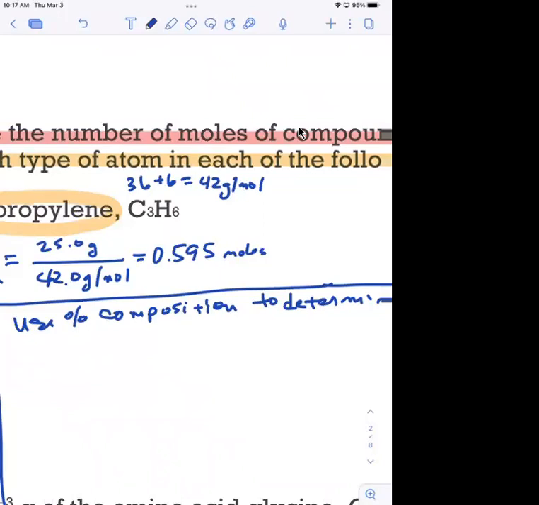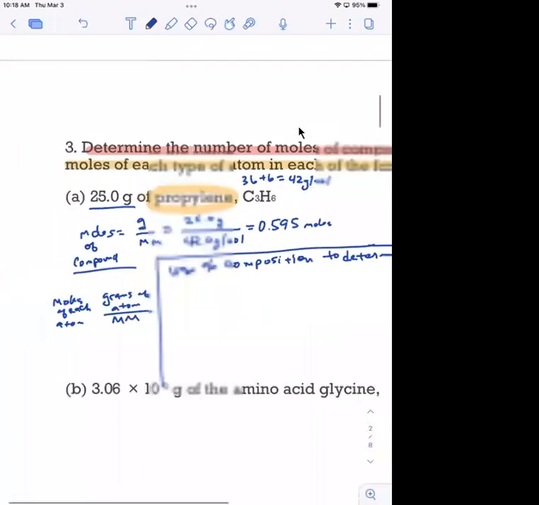The molar mass is the mass of all the atoms combined. Okay, right. So we took the atomic mass from the periodic table, and because there are 3 carbons, we multiplied that by 3. And there's 6 hydrogens, so we multiplied the atomic mass of hydrogen by 6. And that's how we got to 42. The 25 was given right here.